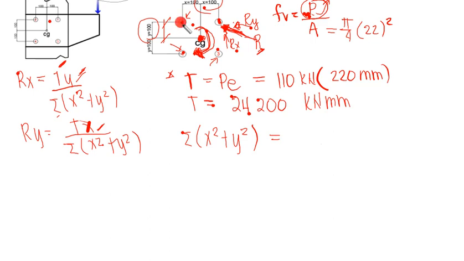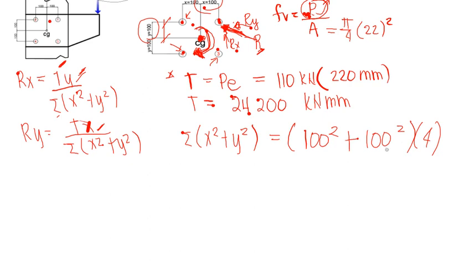Since pare-parehas yan na 100, yung x natin, pati yung y natin, you just have to write 100 squared plus yung y natin, 100 squared din, times, kasi sabi niya summation, so ilang bolts? So, i-multiply natin siya ng 4, kasi apat na bolt ang merong x distance na 100 from the centroid at apat na bolts ang merong y distance na 100 from the centroid.